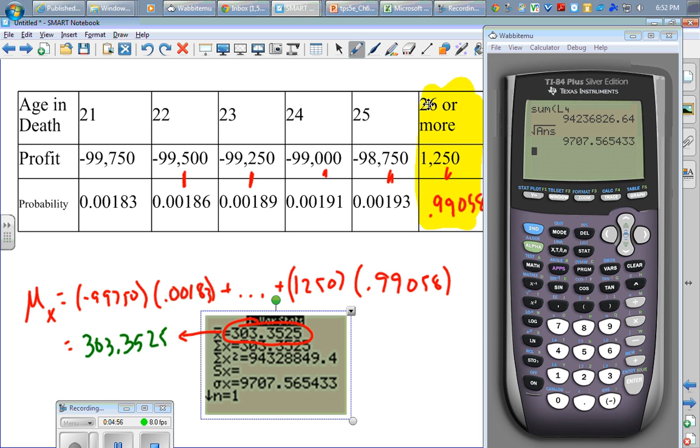Those other ones, the insurance company loses money. But if they insure enough people, their average income will be $303. That's the amount that they profit after they've covered the expense of the small number of people who die between 21 and 25.